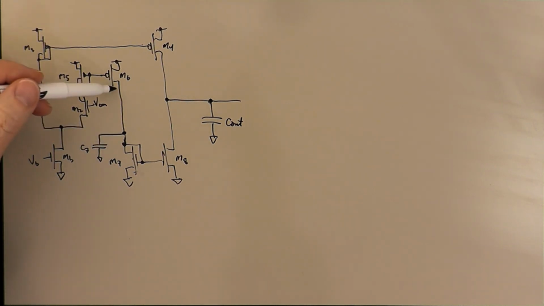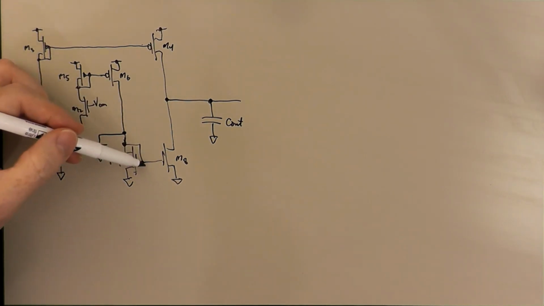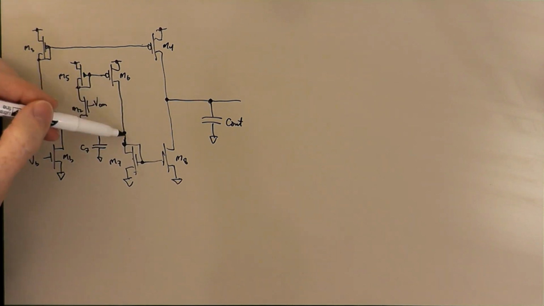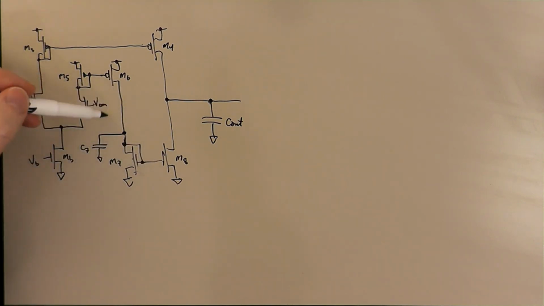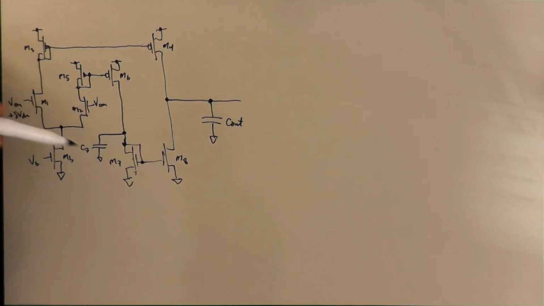There's also a drain to body diode on M6 that's wired to this node. There's some interconnection capacitance associated with the wires that connect up these various structures in the circuit. And we can lump all of those together, since capacitors combine by adding in parallel, into a single effective C7. And we would like to think about what difference C7 would make in terms of our analysis of the differential mode gain of the circuit.